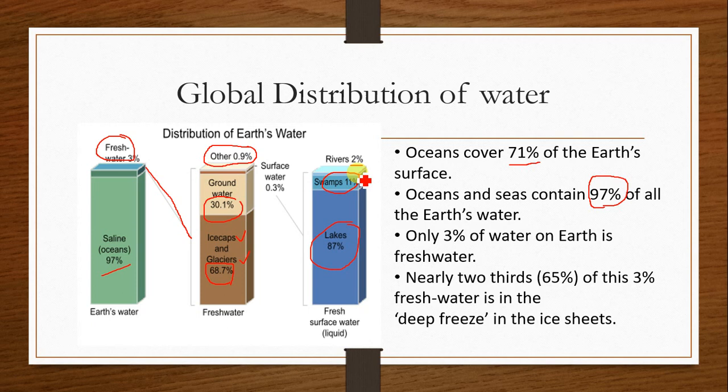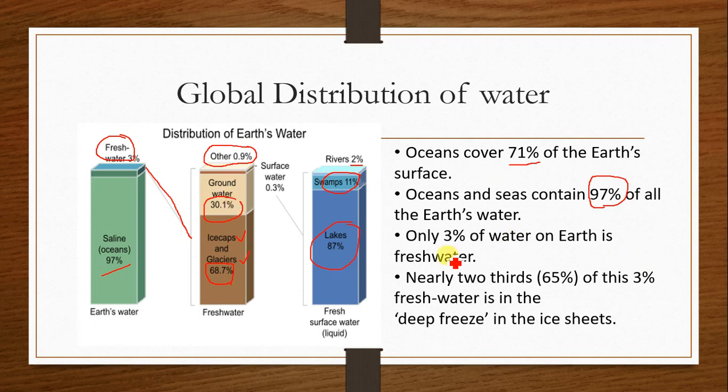Salt water makes up 97%, while fresh water makes up 3%. Salt water is usually in seas and oceans, while the other 3% of fresh water is distributed as groundwater storage. We have ice caps and glaciers. We also have lakes, swamps, rivers.